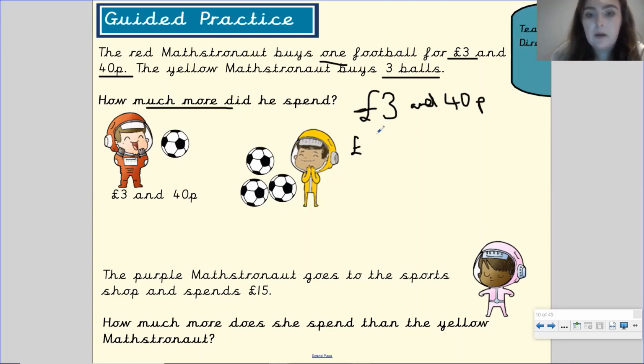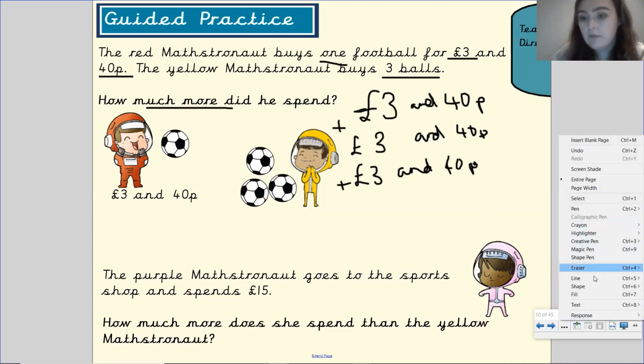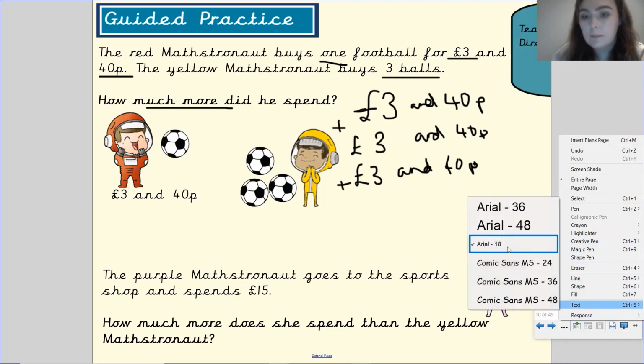Add £3 and 40 pence. Add £3 and 40 pence. So what I would like for you to do is on your mini whiteboard, work out what £3 and 40 pence, £3 and 40 pence, £3 and 40 pence equals. So pause the video to have a go at answering that question.